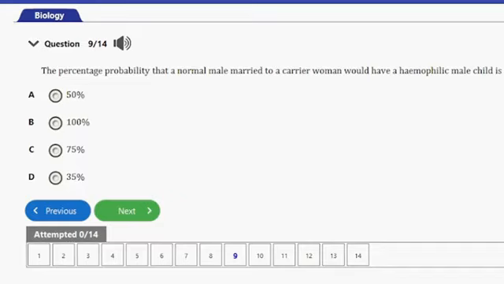So guys, we've already answered a similar question to this, and definitely we know that if a carrier woman should marry a normal man, the probability of actually having a hemophilic male child is 50%. That's actually like 1/2, and this corresponds to 2/4 when you do the crossing. So that's 50%, and it's option A here.